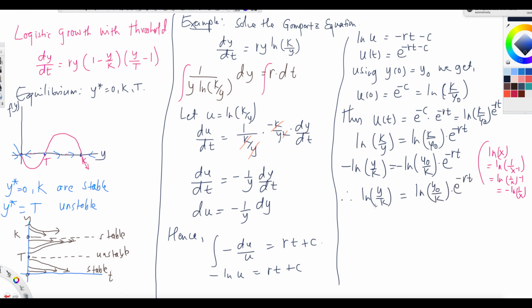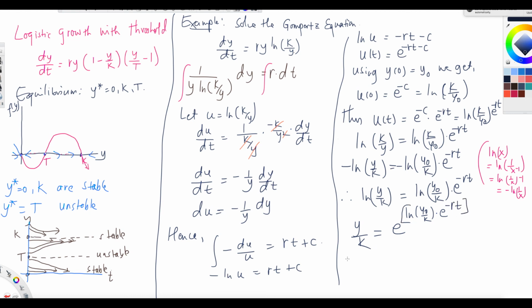Now let's solve for y. Therefore let us remove this natural log on the left side. You get y over k equals to e to the natural log of y0 over k times e to the negative RT.